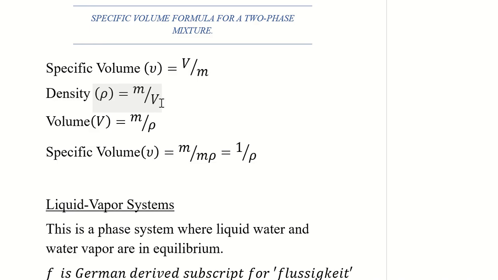If you relate these two, you get that specific volume is equal to volume, and substituting for volume, which is mass per density, we have an m here. Once you divide, you get 1 over rho as the formula for specific volume.